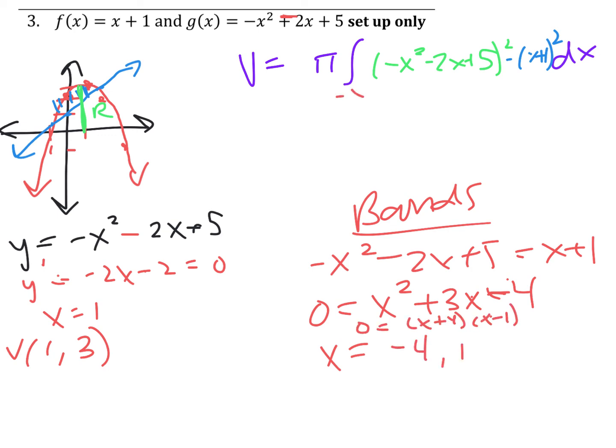So -4 to +1. The volume created when we rotate this little teardrop shape around the axis is going to be pi times the integral from -4 to 1 of the quadratic squared minus the line squared.